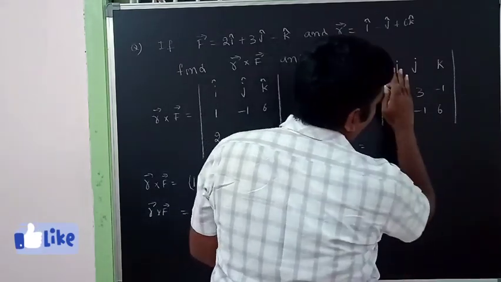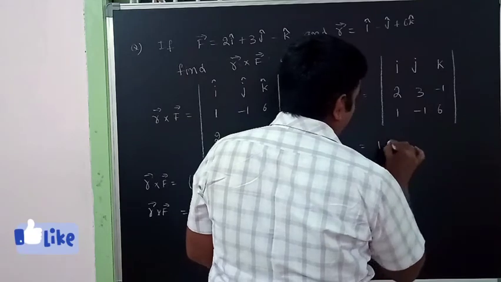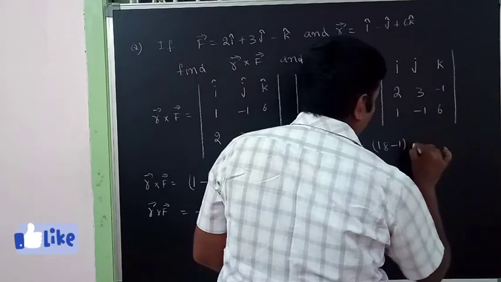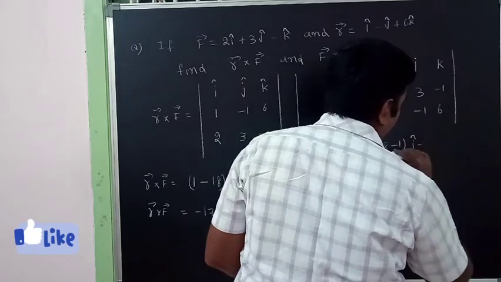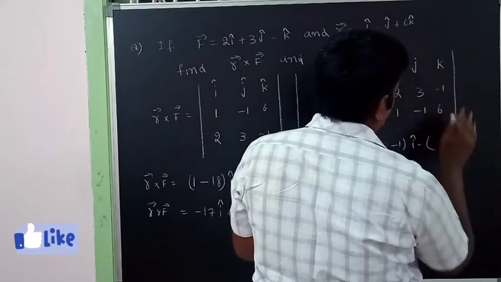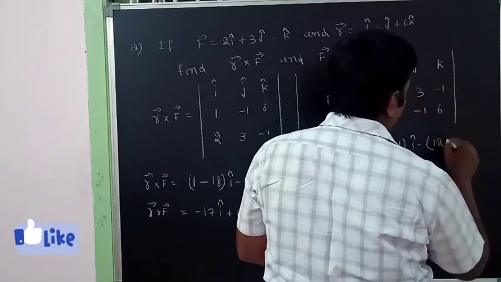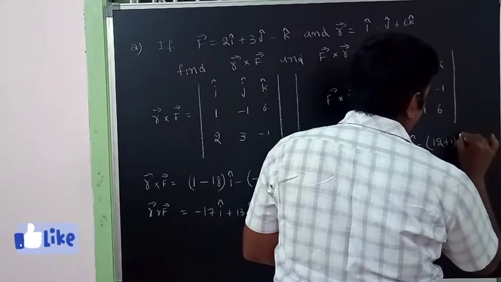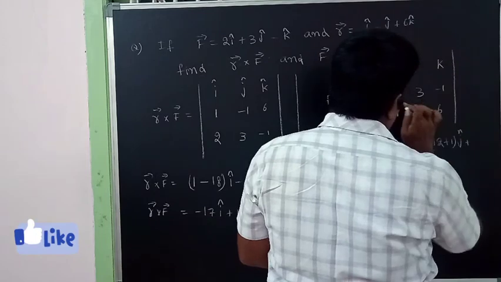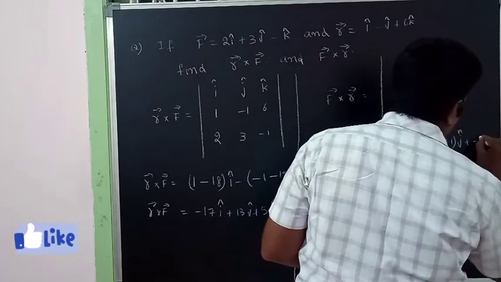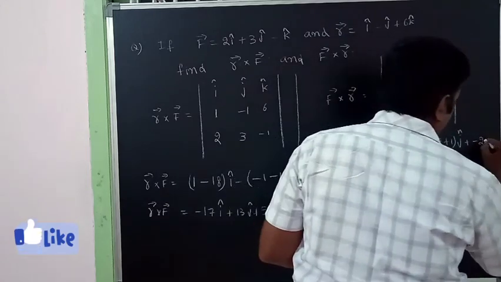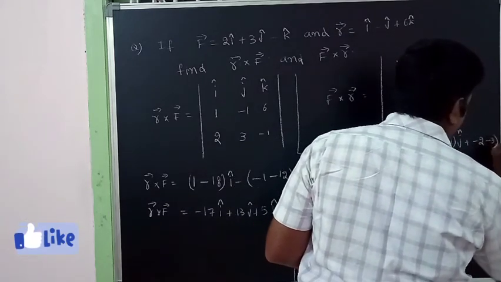First i value: 6 3 is 18, minus of minus plus, into minus 1 into i cap. Minus. If I close this, 6 2 is 12, 12 minus of minus plus 1 into j cap, plus k, so minus 2. So this 1 into 3 minus, we can get here 3 into k cap.